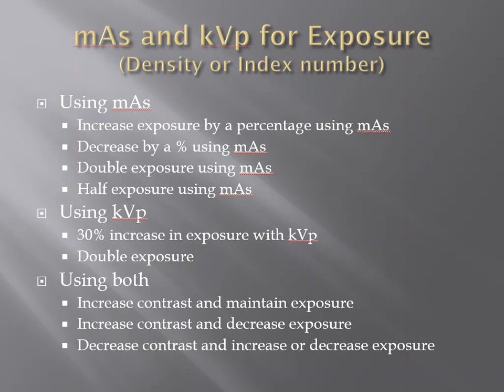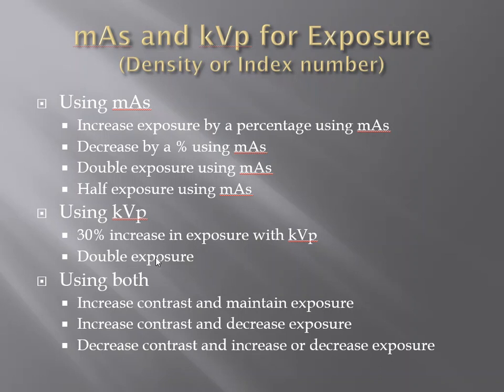So if you increase by 30%, and you had 100 mass to begin with, that would be 100 times 0.3 plus 100 to give you 130 mass. Doubling the exposure using mass is just multiplication, multiply by 2. Half the exposure using mass would be division, so it would be divided by 2.